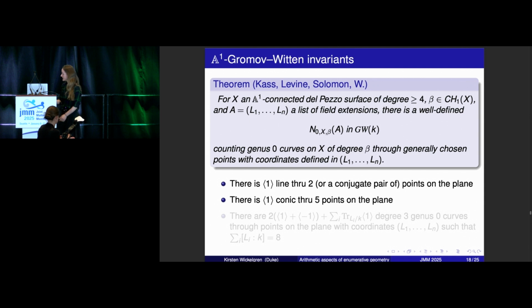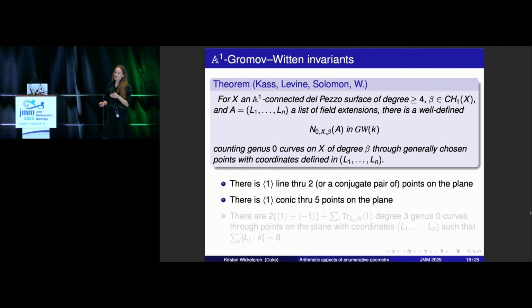For degree 3 curves on the plane, so degree 3 plane curves, to make a map to P2, you've got 3 polynomials of degree D, so that's a D plus 1 times 3.